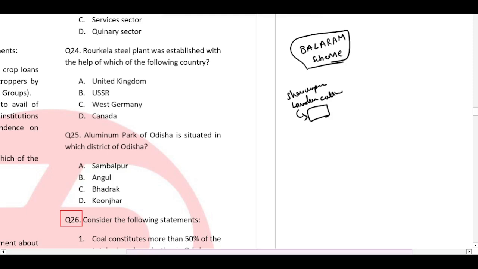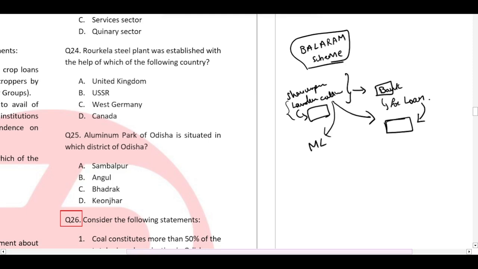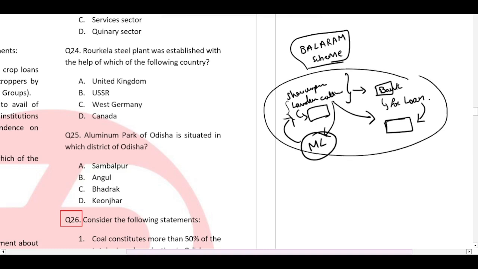Now the problem is when these people approach a bank for a loan, the bank will ask them for property as hypothecation and hedge. Because they are working in the land of somebody, they don't have the land documents because the owners of the land are somebody else. So now these people don't have anything to pledge with the bank and take a bank loan. So what will happen? They'll go to money lenders, informal credit sources. These money lenders will take exorbitant interest charges and try to exploit them. So this is the problem of informal landless cultivators.